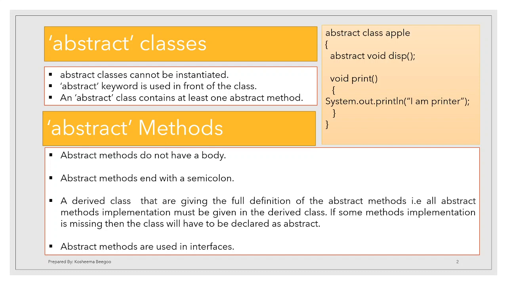If the class which is extending the abstract class Apple does not have all of the definitions of the abstract methods, then that subclass also becomes an abstract class. In other words, when a derived class is inheriting from an abstract class, that class needs to have all the definitions of the abstract methods.